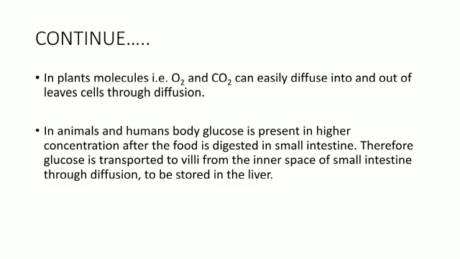Villi are the smaller structures present on the small intestine into which the glucose will be transported. After being transported to the villi, it will be stored in the liver. So from the region of higher concentration, for example the small intestine, it will be transported to the villi and into the liver, where the concentration of glucose is low and they need the glucose.